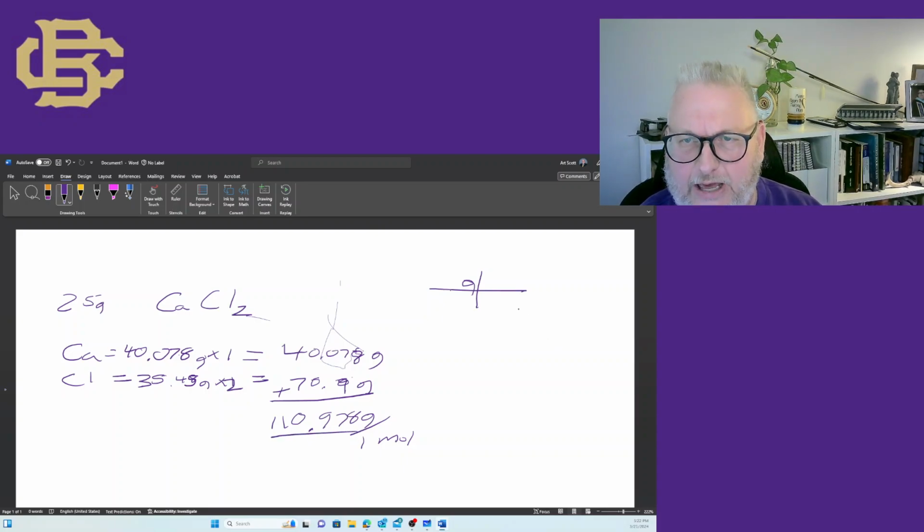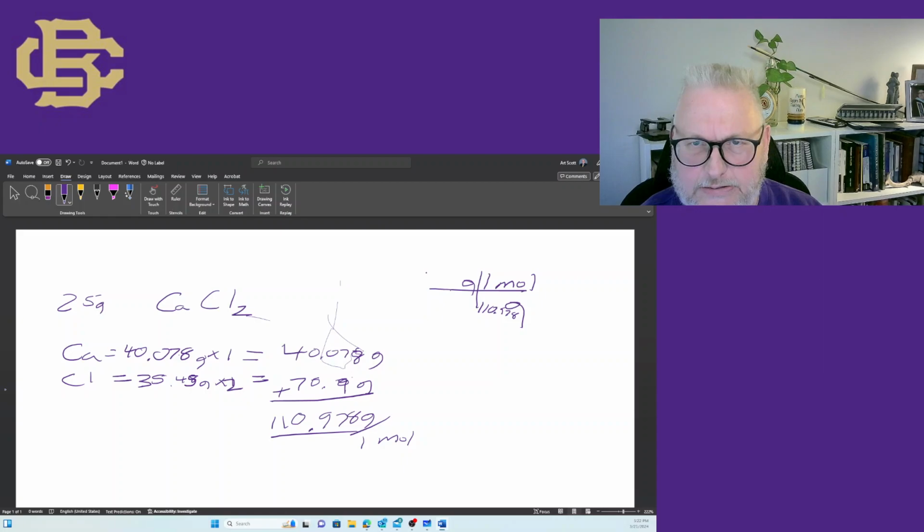So I'm going to put my G down here. So that's 110.978 grams for 1 mole. I'm going to write 1 mole right there.